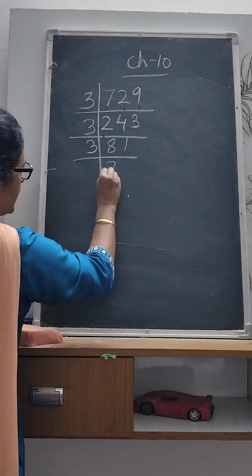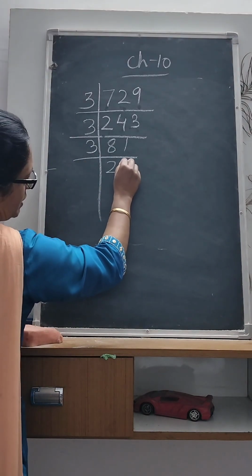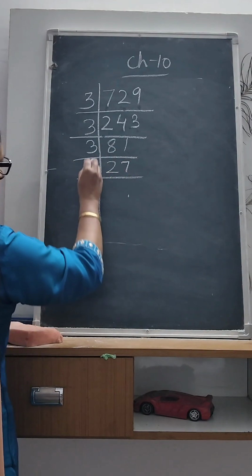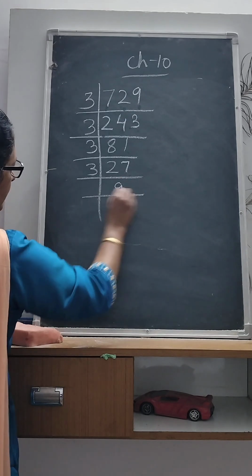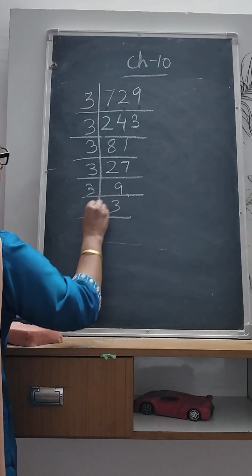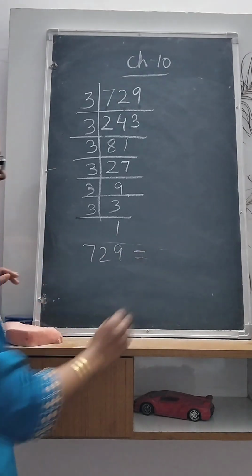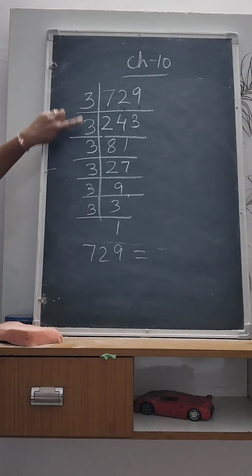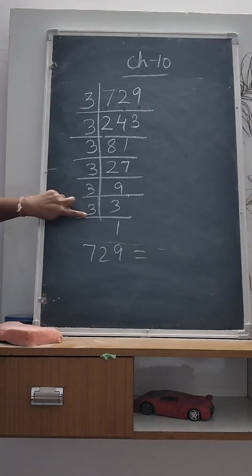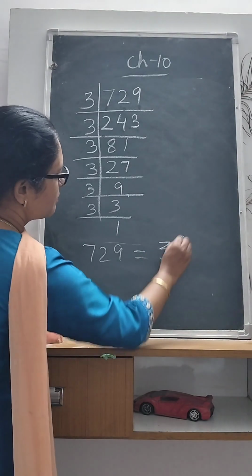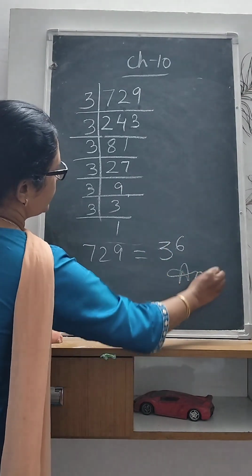Students, 3 is repeated how many times? 1, 2, 3, 4, 5, 6. So 3 raised to power 6 is the answer.